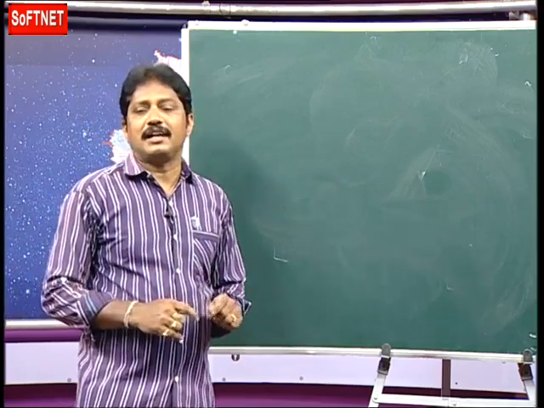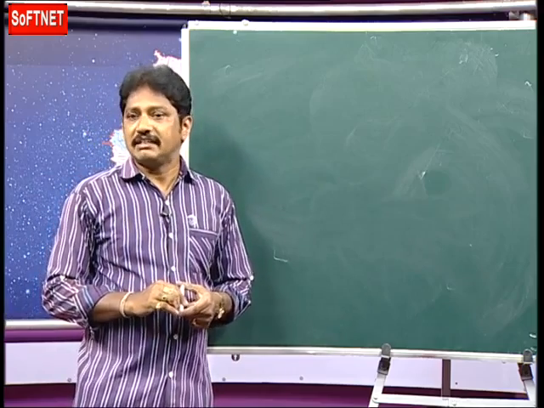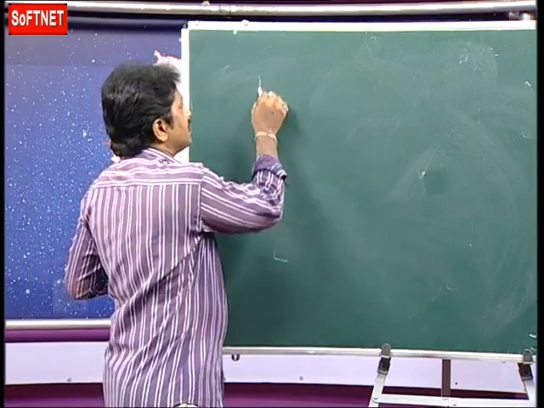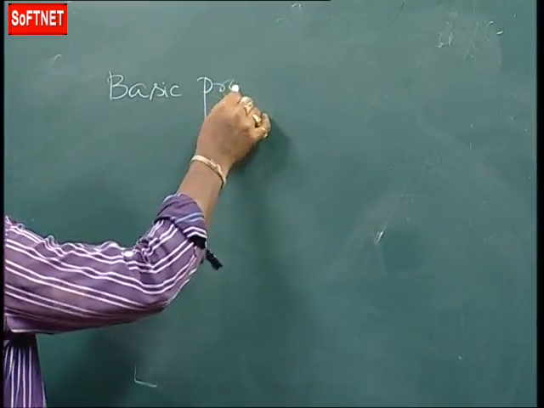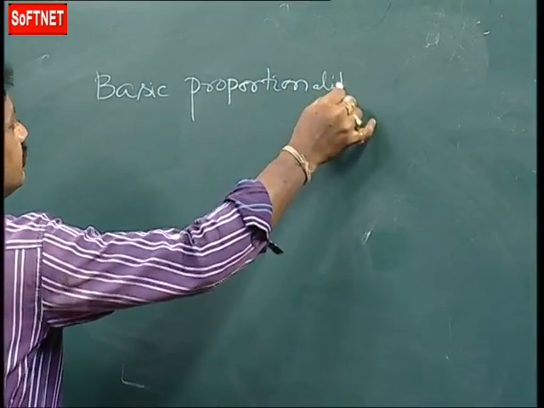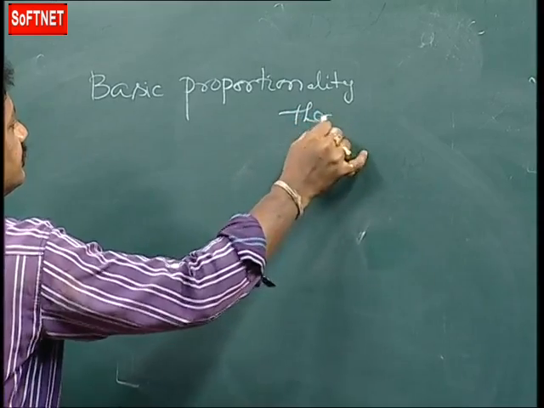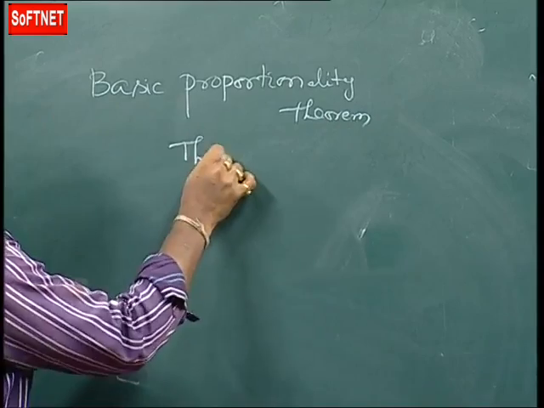The first one we call the basic proportionality theorem, which we also call the Thales theorem. This one is familiar as the Thales theorem.